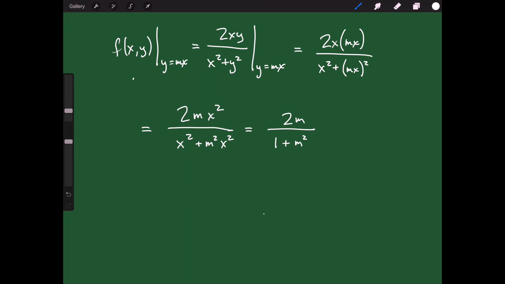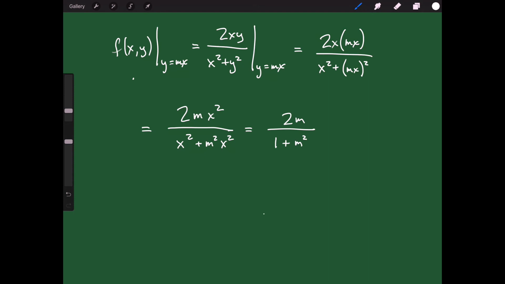So this is interesting, right? What my value is as I'm coming in towards 0, 0 really depends on the m. If m is 1, what would I get out of this? The top would be 2, the bottom would be 2, I'd get 1. Now, is 1 close to 0?